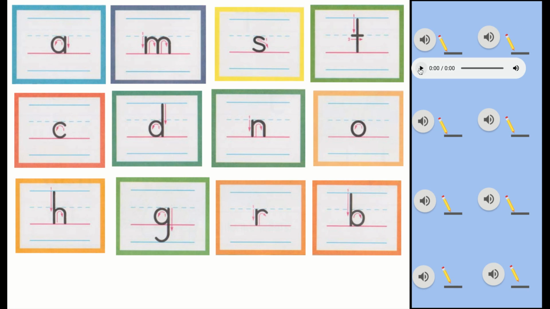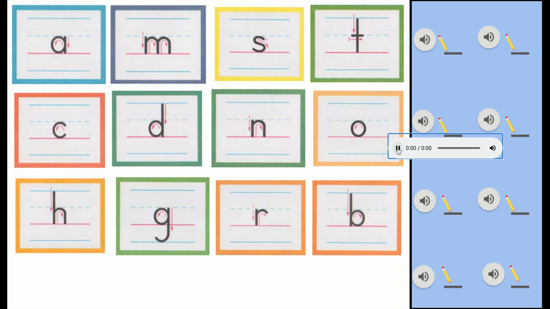The first sound is G. The second sound, R. The third sound, N. The fourth sound, B.